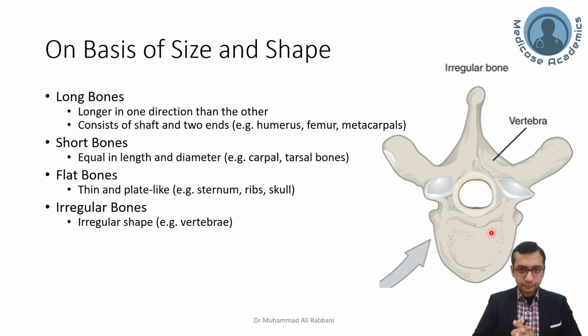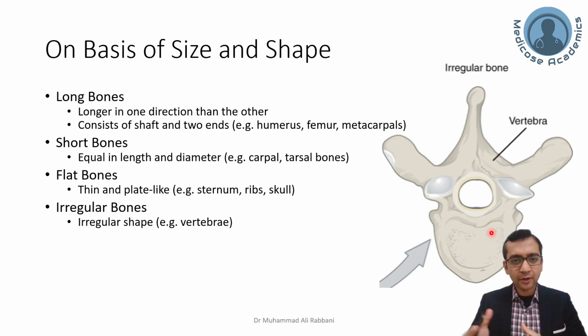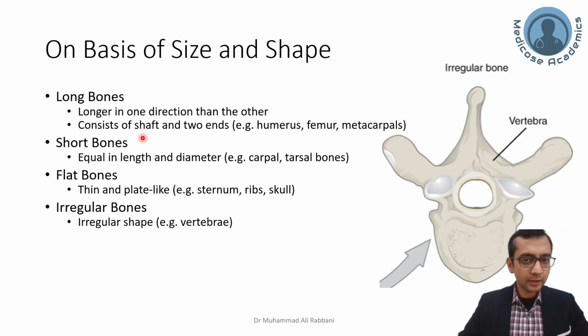Irregular bones. Irregular bones, as the name indicates, cannot be defined in a particular shape. They are irregular in their shape. So basically, it's a classification by exclusion. One of the very good examples is the vertebra.